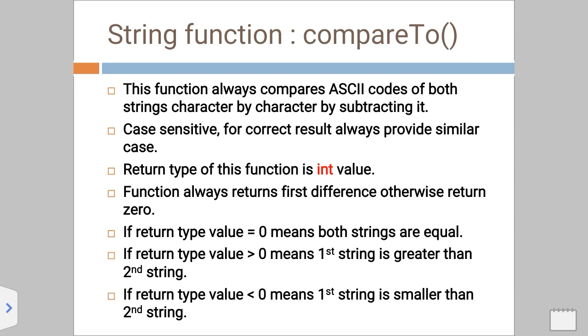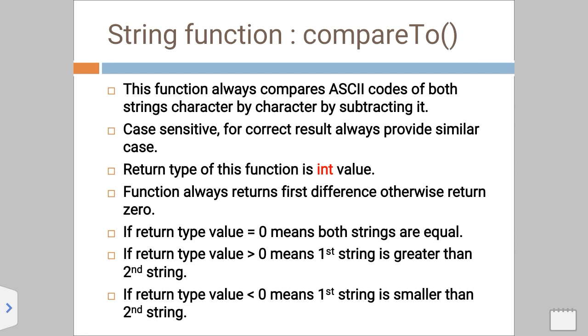This function provides us all the things, whether both are equal or not, whether the first string is greater than the other string, whether the second one is greater than the first one. It helps us to sort things. If we want to arrange names alphabetically, then compare to helps us for arranging it.